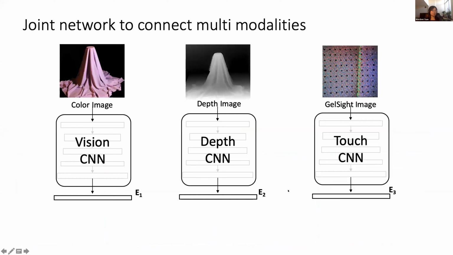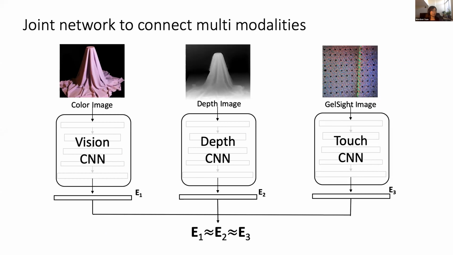Of course, we can also do the same with visual data, both the color image and the depth image, which mostly describes the overall shape of the cloth. We feed them into different neural networks, and they also generate two other vectors. We expect all those vectors to be descriptions of the material related to its properties.